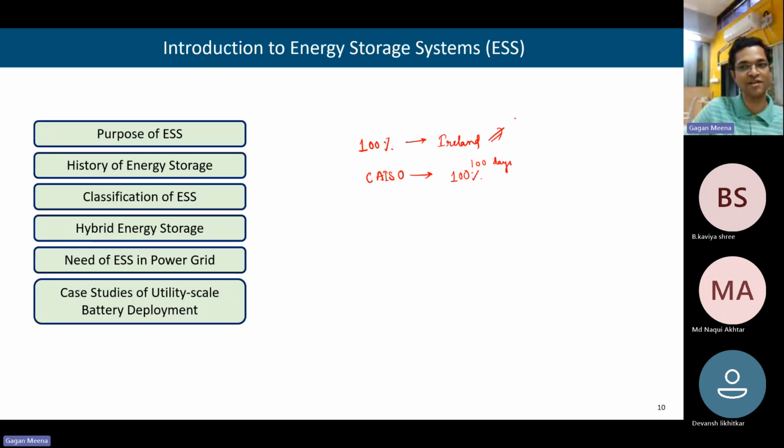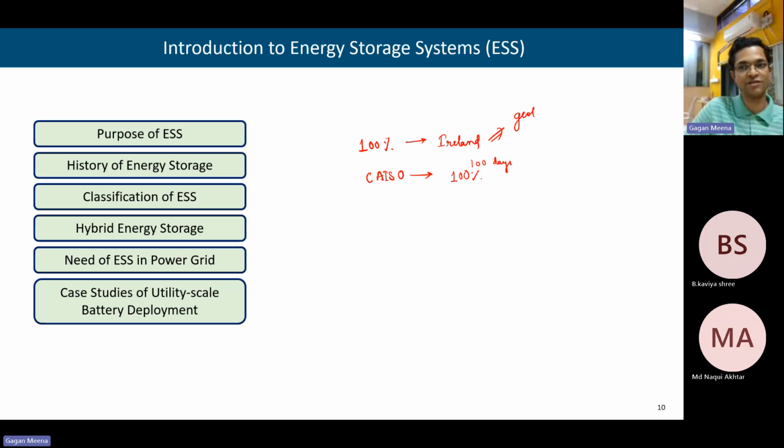Ireland has a majority of geothermal. Apart from this, wind and solar, though solar is negligible. Mostly they have wind, solar, and geothermal. Ireland is one country which has a very huge amount of geothermal resources.